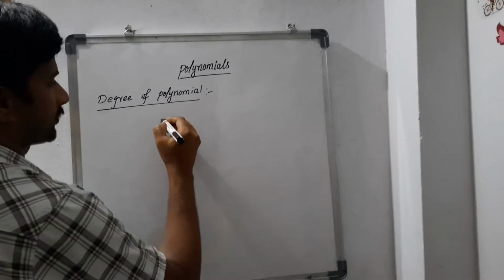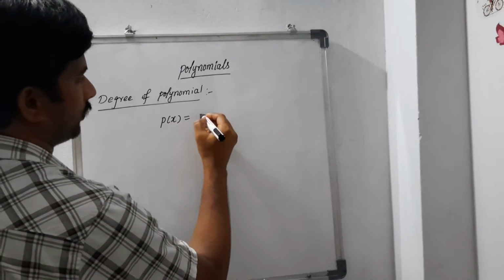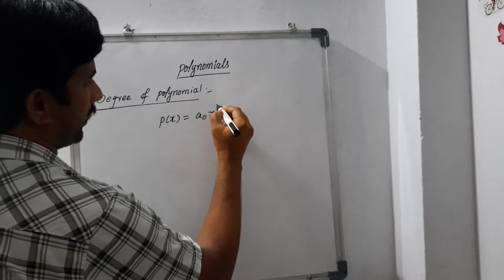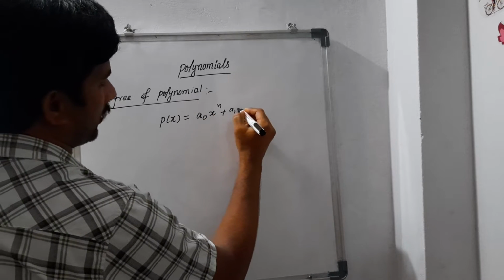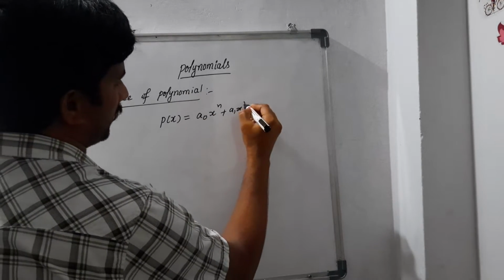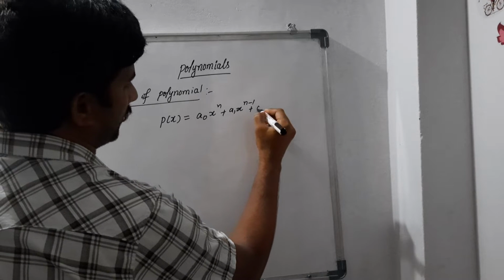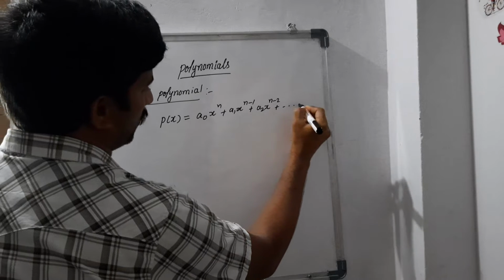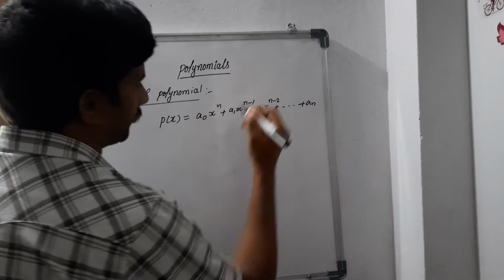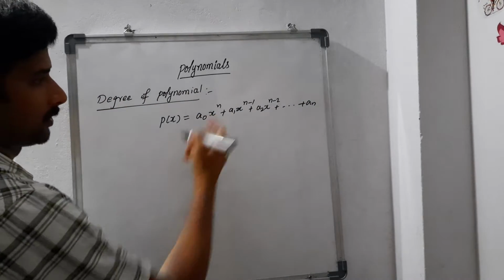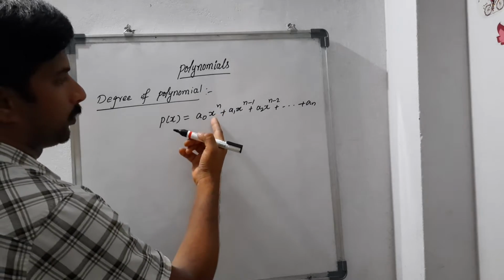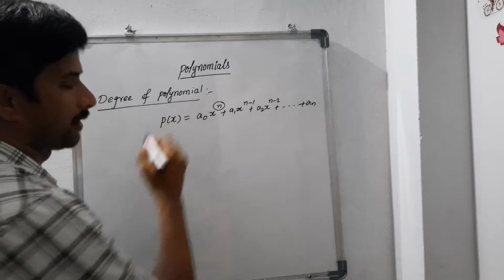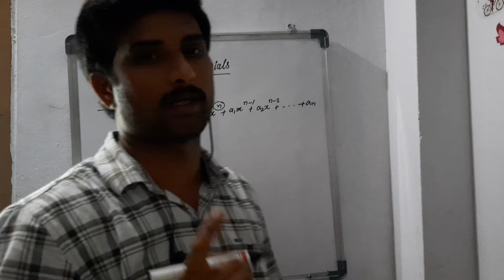Now we are going to discuss the nth degree of the polynomial. If you take p of x is equal to a naught x to the power n plus a1 x to the power n minus 1 plus a2 x to the power n minus 2 and so on plus an, here the highest power of the variable x is n.